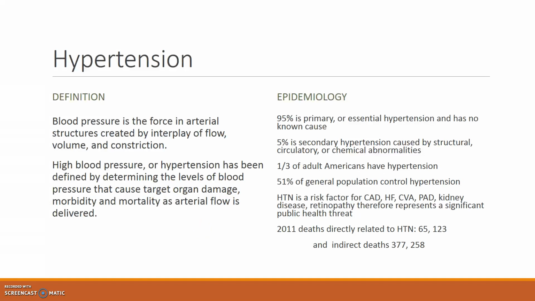I think it's staggering to think that 1/3 of adult Americans have hypertension, and only about half of those, slightly over half, 51% in the general population, control their hypertension. So when you think of the significant risk factors that correspond with high blood pressure, coronary artery disease, heart failure, stroke, peripheral artery disease, kidney disease, and retinopathy, you realize the impact of the public health threat.